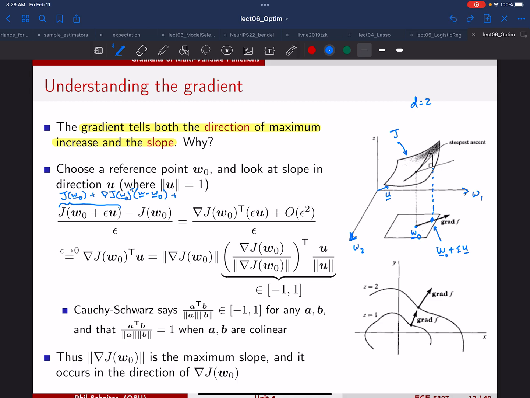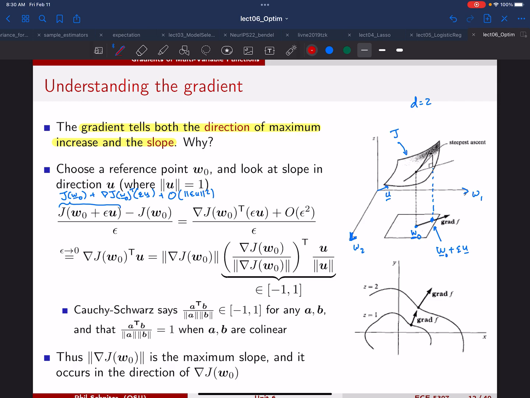Actually, hold on, I messed up this part. W minus the reference, but W is this whole thing, and the reference is W naught. So W minus the reference is just going to be epsilon u. And then the last thing is plus order of the norm of epsilon u squared. So that's what we got from the previous page. Okay, is everybody with me?